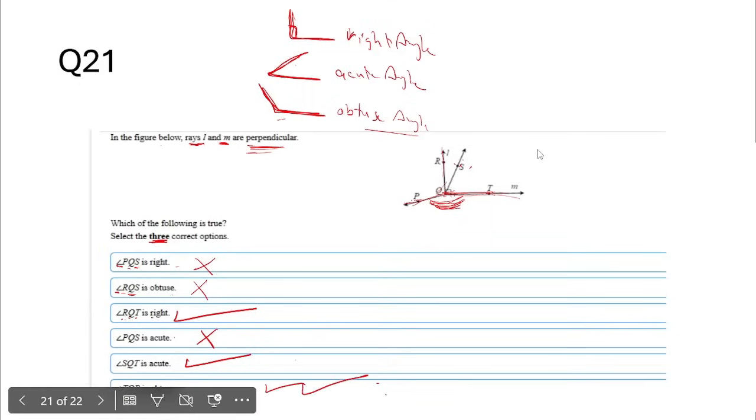Okay, question number 22. Refer to the figure below. I have this figure, it's saying fill in the blanks with three letters to identify the angle formed by EF and EG. What is the EF? This is the EF. And EG.